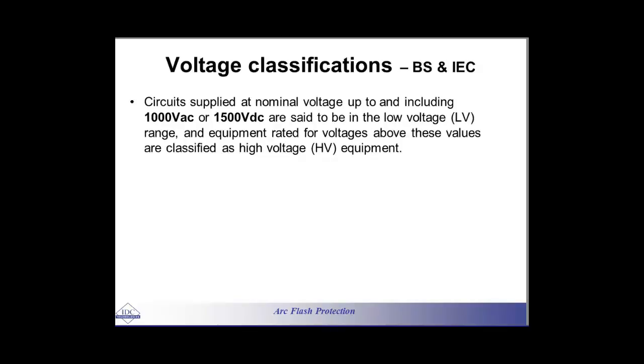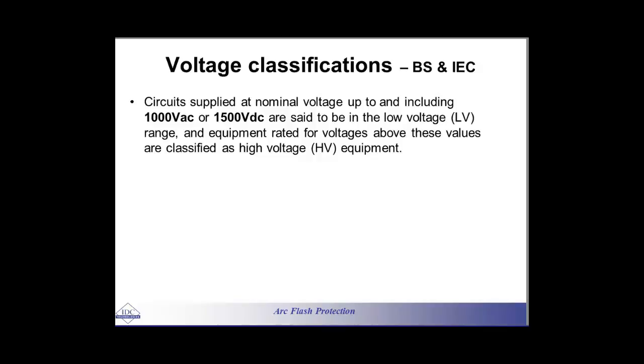Therefore, we need to have some standards in between so that we understand to what kind of load, what voltages should be applied. First thing, the British standard BS and IEC, which is the European standard, basically determine this definition. They say, if you're talking about AC, the margin is 1 kilovolt.